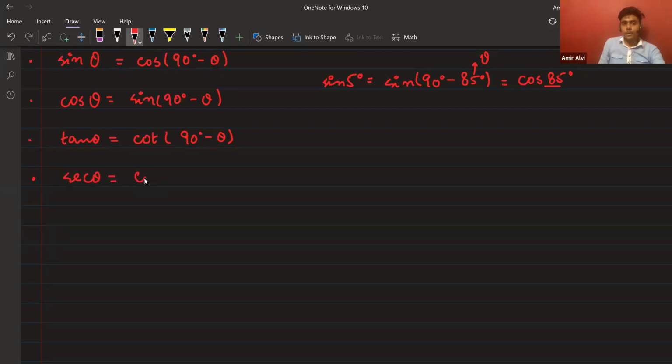Sec theta is the complement of cosec. If you reverse it, sec 90 minus theta will be equal to cosec theta. Tan 90 minus theta equals cot theta. Cos 90 minus theta equals sin theta. Sin 90 minus theta equals cos theta.